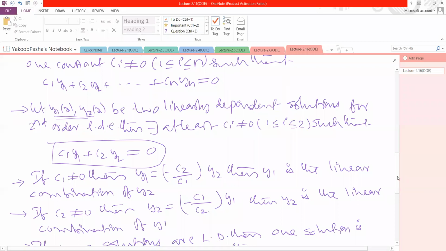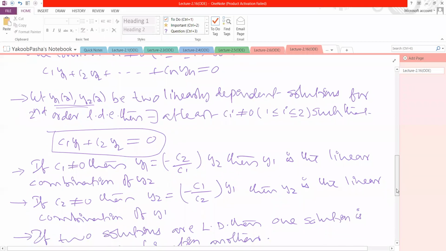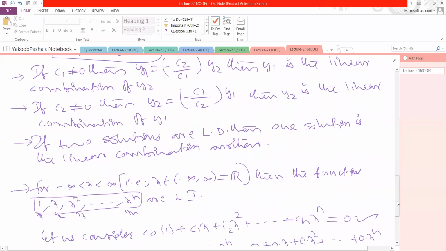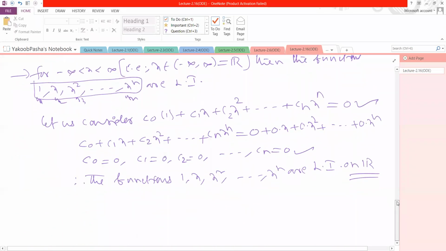Okay, you have to remember these are the primary definitions for linearly independent and dependent. And one more thing you have to remember, this is important. 1, x, x square up to x power n is a linearly independent set. Similarly, 1, x square is linearly independent, and 1, x square, x cube is a linearly independent set.